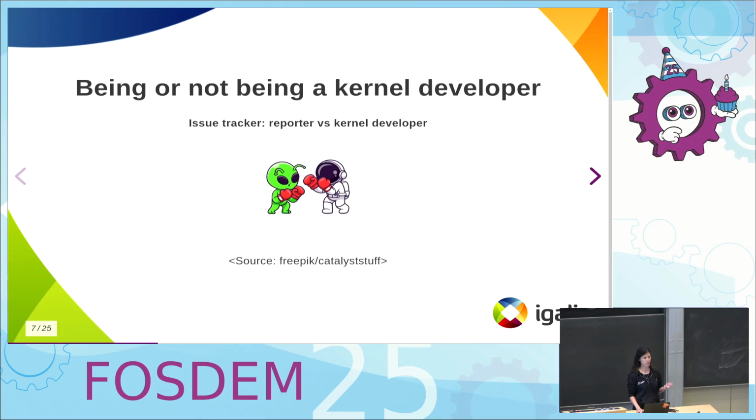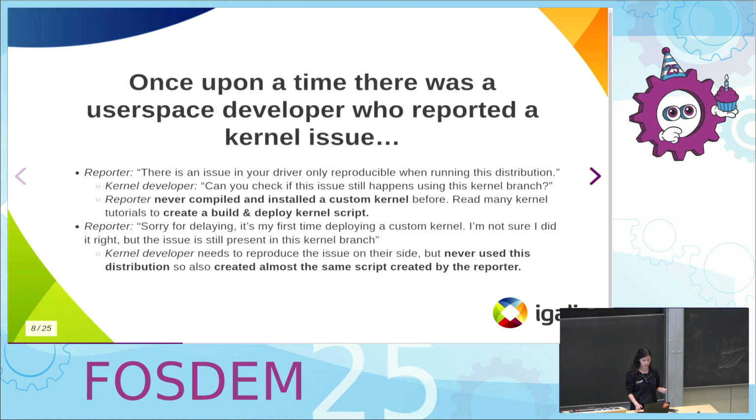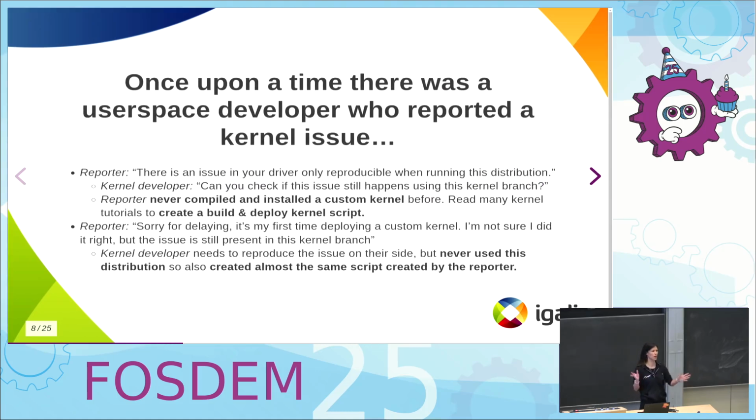For example, a user space developer just wants to report an issue in the kernel, and then they say, oh, there is an issue in your driver, and it's only reproducible when you are running this specific distribution. And then the kernel developer asks, oh, did you check the last version of this branch to see if the issue is still there?